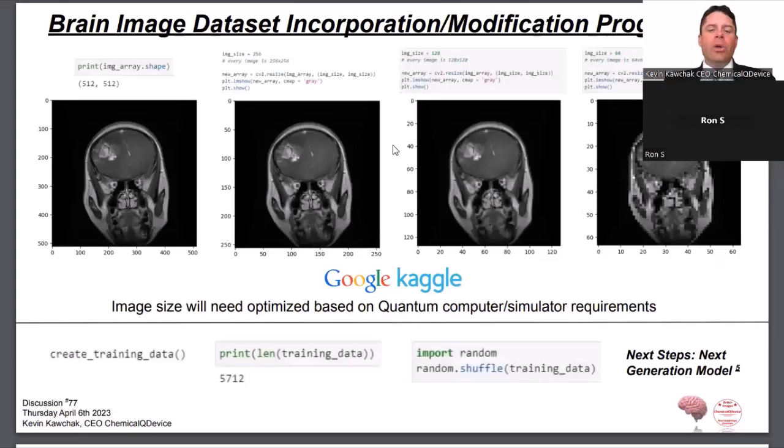So basically, moving forward with all of this, the goal is to get these bigger images. The stock ones come 512 by 512, and as I show here, I can reduce to 256, 128, 64.